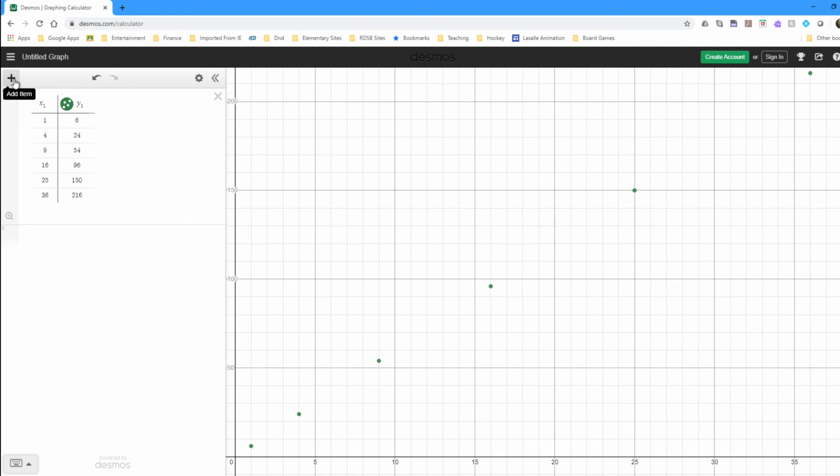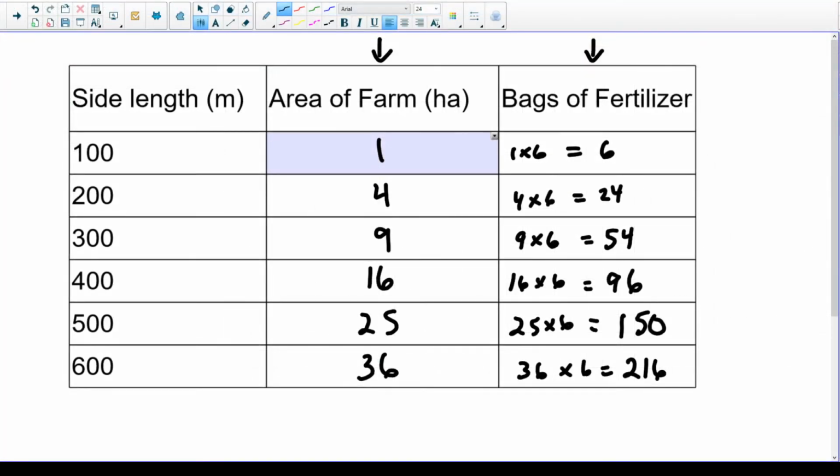Now, the next one they ask us to do in the textbook is draw a graph comparing the bags of fertilizer needed to the side length of the fields instead. So let's just go back quickly to the table. They want us now to do a graph of the bags of fertilizer with respect to the side length.